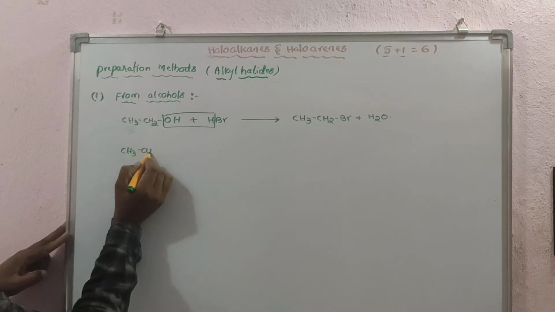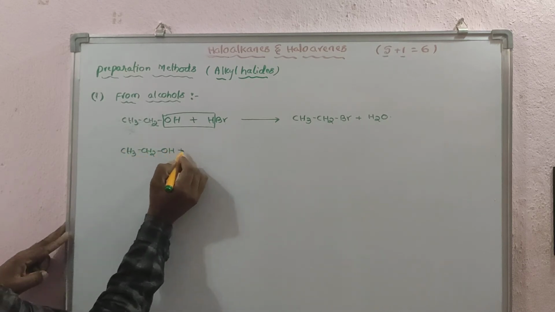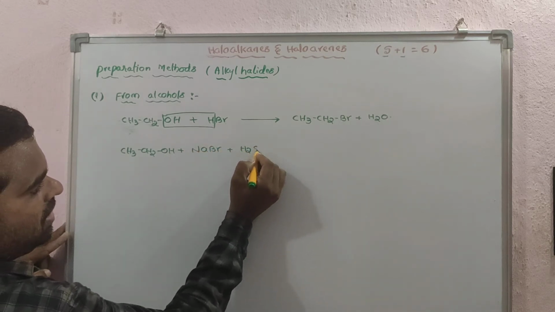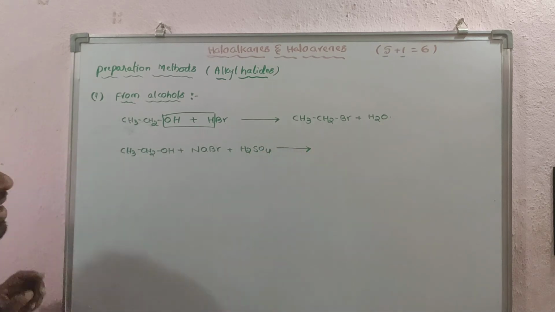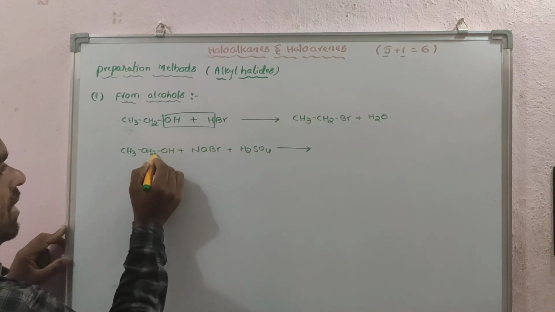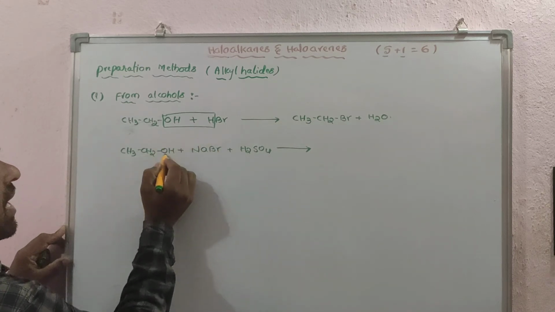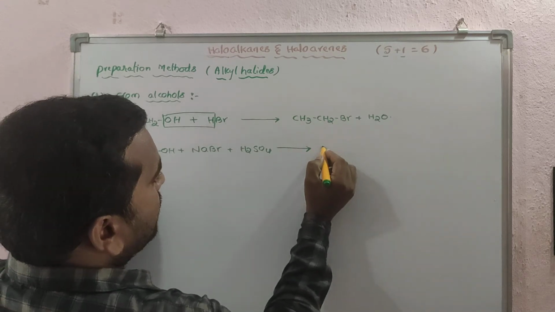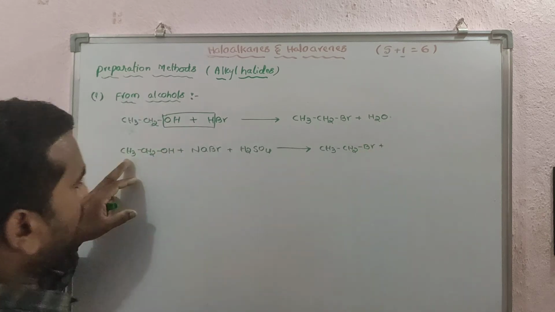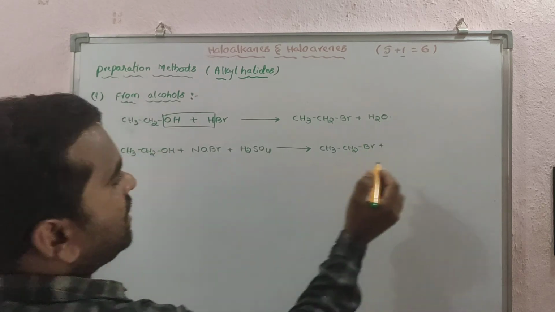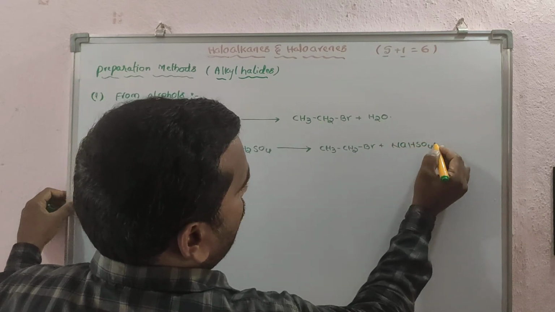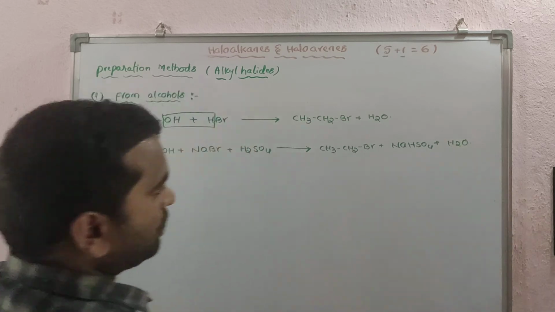Another method: take CH3CH2OH and treat it with sodium bromide in the presence of a little H2SO4, a small amount. OH will be replaced by Br, and you will get CH3CH2Br plus H2O, and another product, NaHSO4.